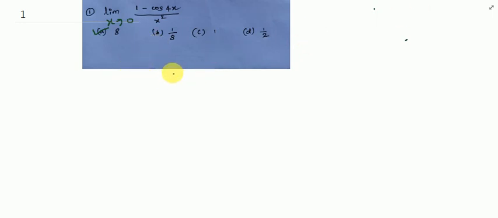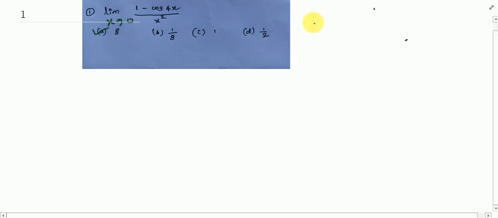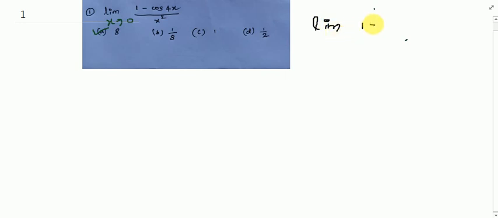Now this one is limit of 1 minus cos 4x divided by, since I said 1 minus cos of something divided by its square, it should be 16x square here, because we have 4x in place of x. The x square was already there, but 16 is an extra term, therefore you need to multiply by 16 as x tends to 0.